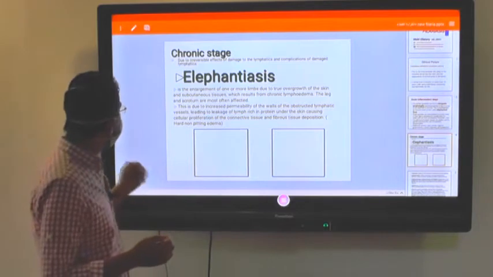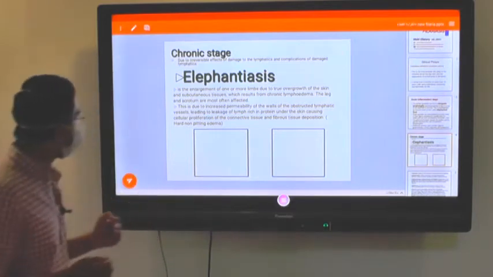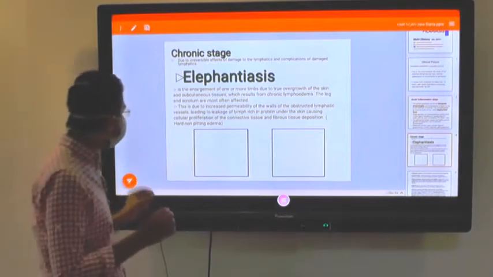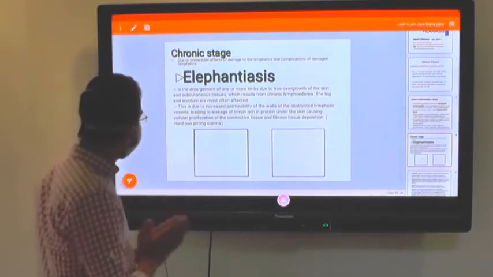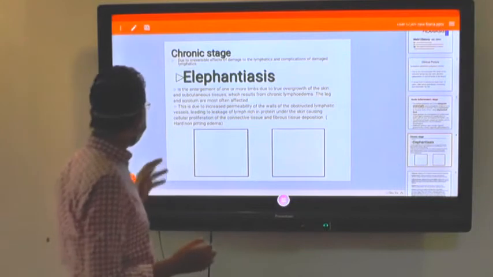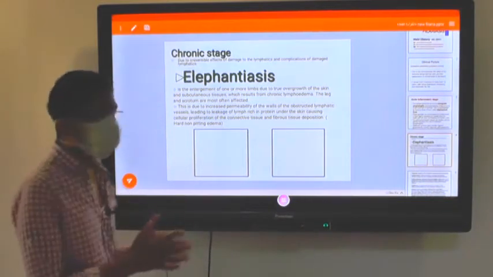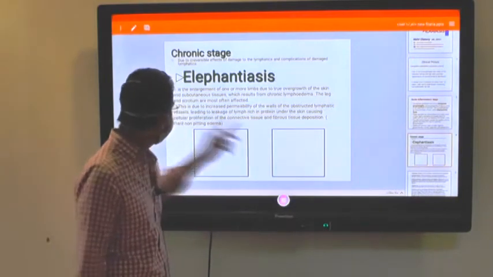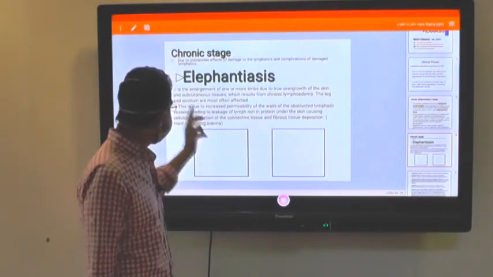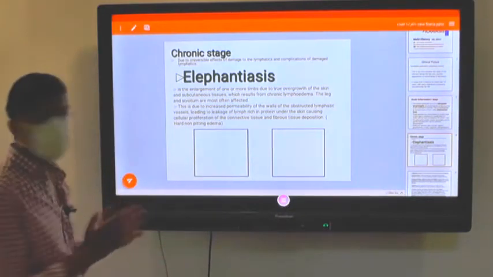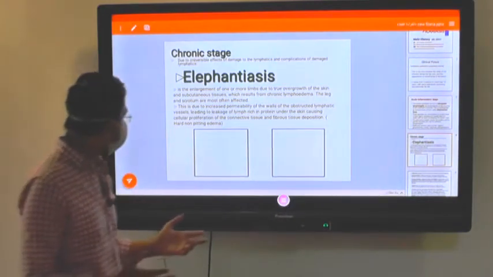Elephantiasis is the enlargement of one or more limbs due to true outgrowth of the skin and subcutaneous tissue, which results from chronic lymphedema. The leg and scrotum are most often affected. This is due to increased permeability of the wall of the obstructed lymphatic vessels, leading to leakage of protein-rich lymph under the skin, causing cellular proliferation.